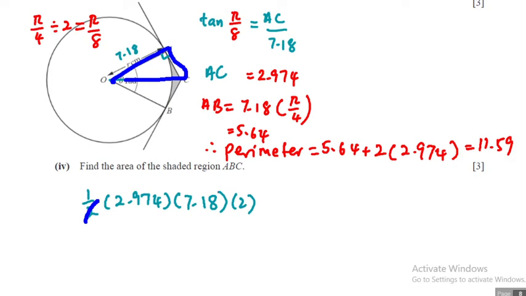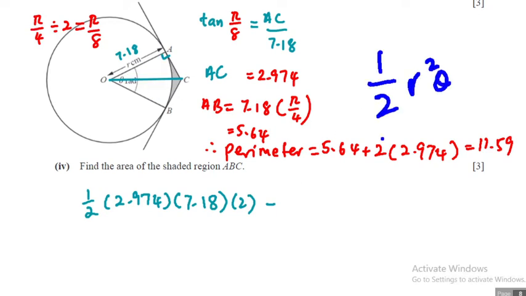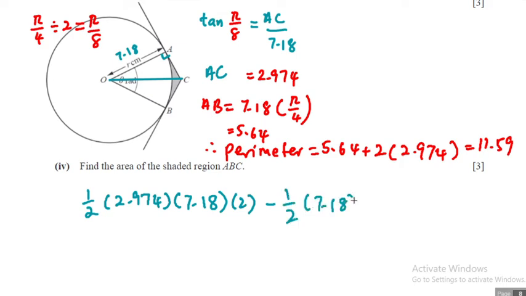Actually, we can cancel. And then we minus the area of the sector. Sector is half r squared theta, yeah? The radius is 7.18. Theta is pi over 4.